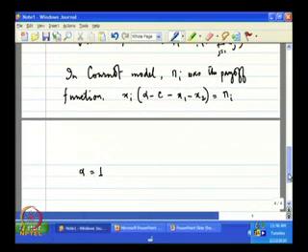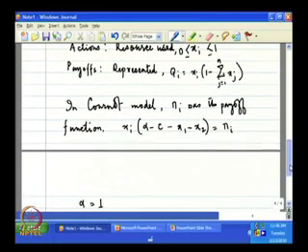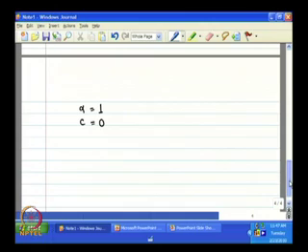Secondly, the cost of each firm in the Cournot model was c, the per unit cost. Here I see that there is no such component, which means that c in the new setting is essentially equal to 0. So, these are the two parallels that we have between the Cournot model and our present model.